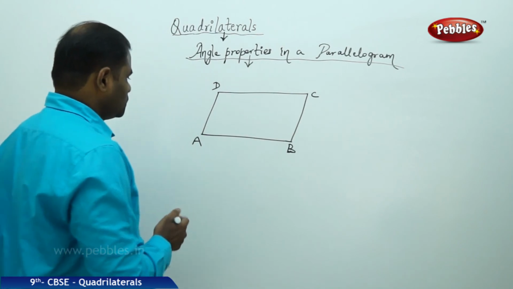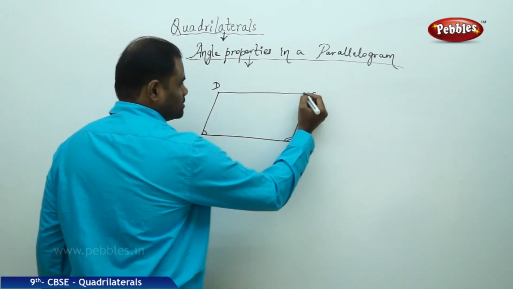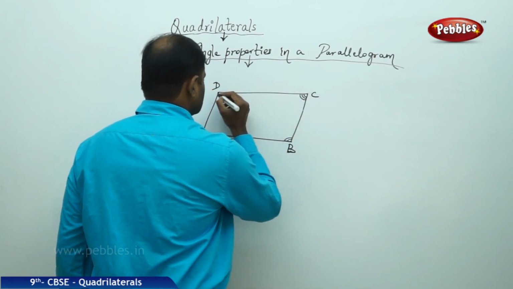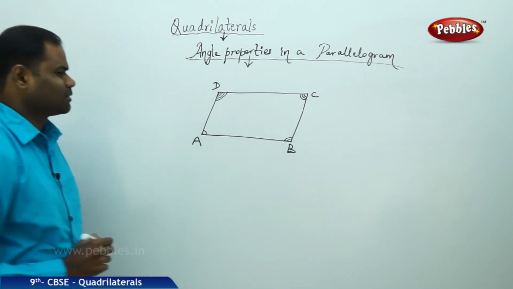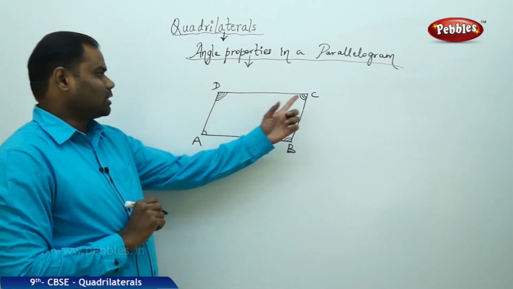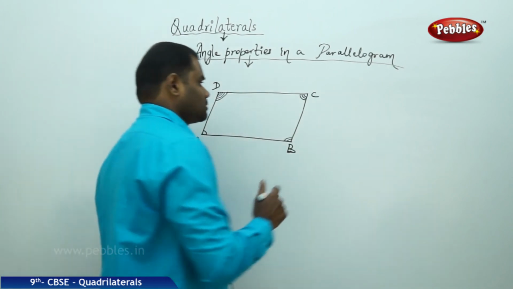Now this is angle A, this is angle B, this is angle C, this is angle D. Here A and C are called opposite angles, B and D are called opposite angles.